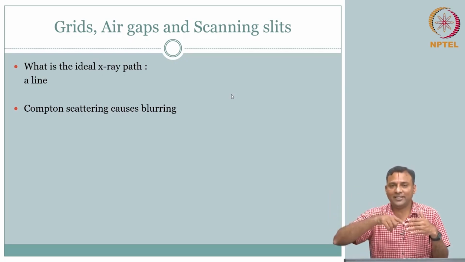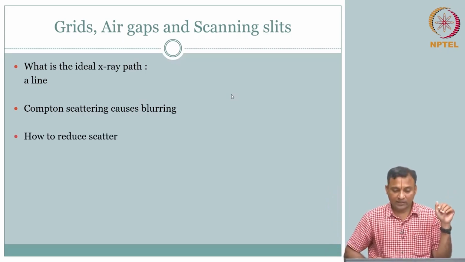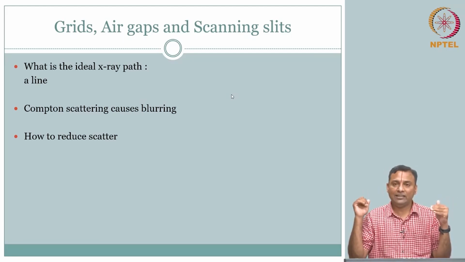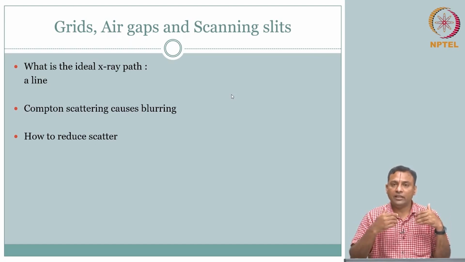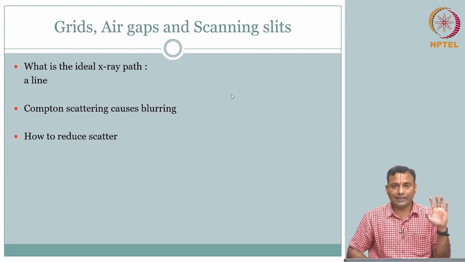Whoever is coming from the sides, I will not allow. So that is the job of these grids, air gaps or scanning slits: before we hit the detector, how do we get rid of scattering, or at least minimize the photons that are coming through scattering. How to reduce the scatter is the goal in this part.